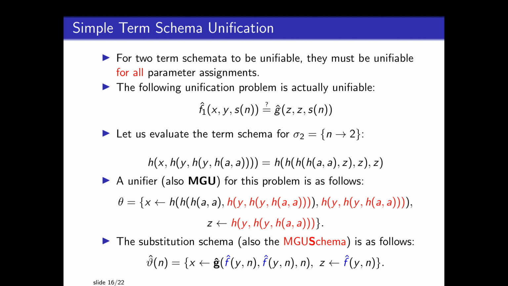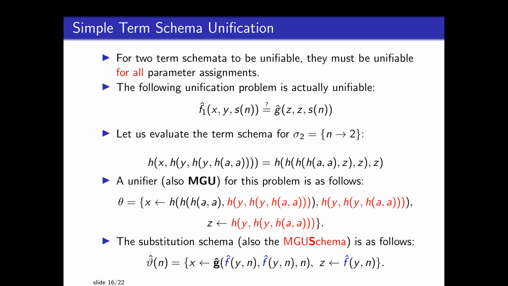What you're looking at here is essentially the complete binary tree that's being constructed. We're doing all possible instantiations of h, a, a. This could actually be turned into a schematic unifier as well, which we give on the bottom. I couldn't come up with a better name other than MGUS.